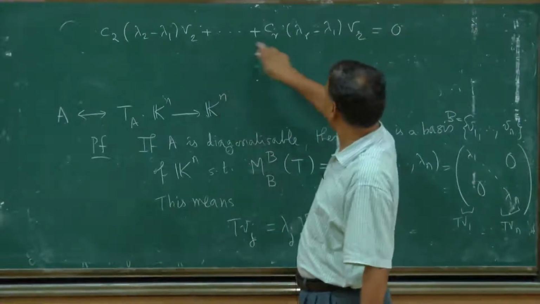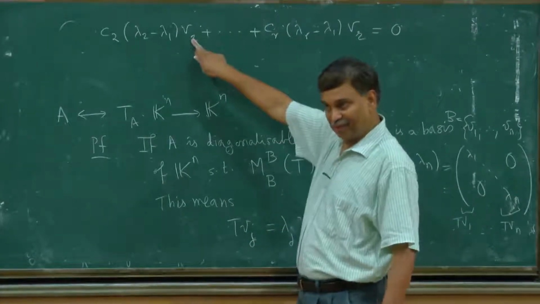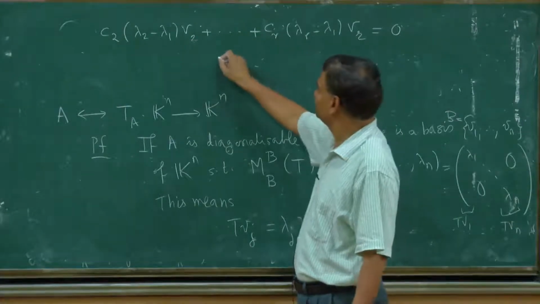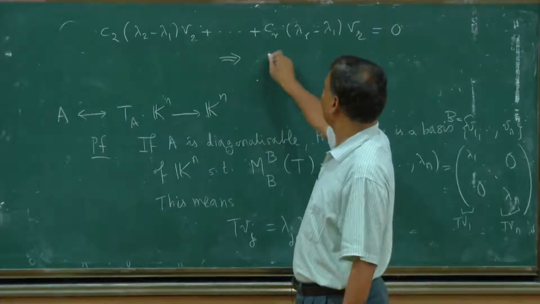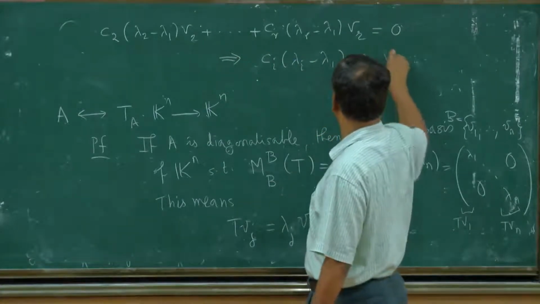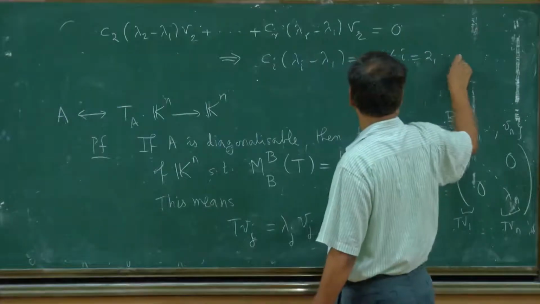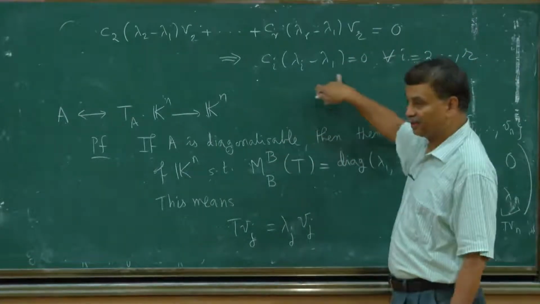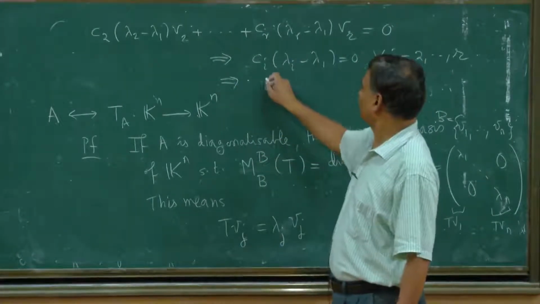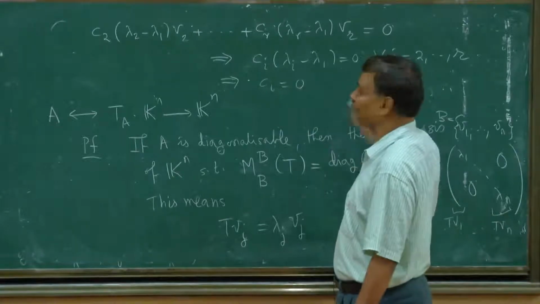Now I have only r minus 1 eigenvectors, also corresponding to distinct eigenvalues. So, by the induction hypothesis, Ci (lambda i minus lambda 1) is 0 for all i from 2 to r. But the eigenvalues are distinct, so this factor is non-zero. So, I must have Ci equal to 0 for all i from 2 to r.